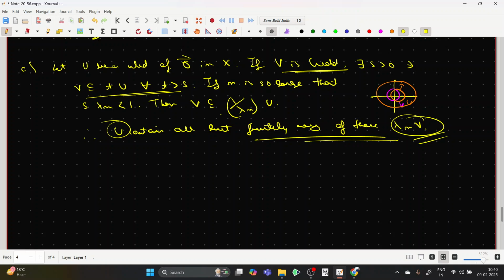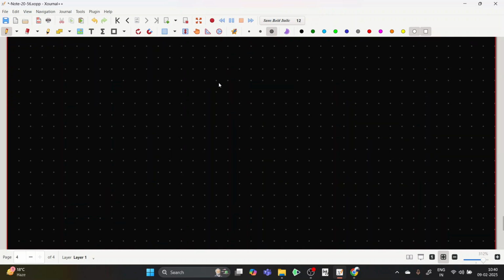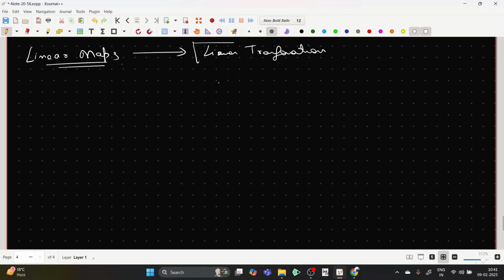Okay, now let's introduce the notion of a linear map. Now this introduction is obviously very evident, because when we have studied vector spaces, one of the most important criteria was linear transformations. And to be very honest, most of the study of vector spaces, if at least I talk about finite dimensional cases, was all linear transformations, right?